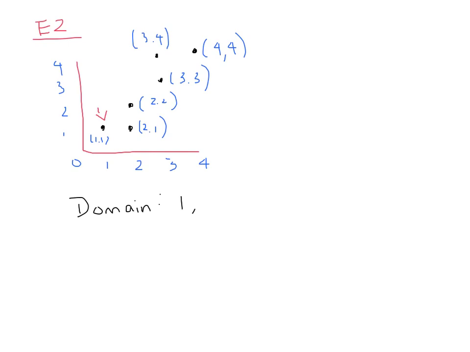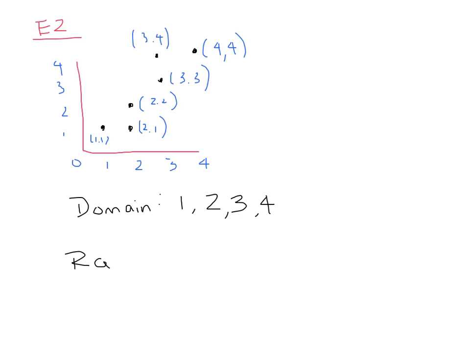Now you'll notice that these 2 points right here both have an x value of 2. Remember, we're only going to write that once. They both have an x value of 2, but we only need to write it once. So a 2. And then I notice there's also 2 points that have an x value of 3 up here. I'm only going to write that once, 3. And then lastly, we have 1 point with an x value of 4. So I'm going to write 4. That's all of our domain.